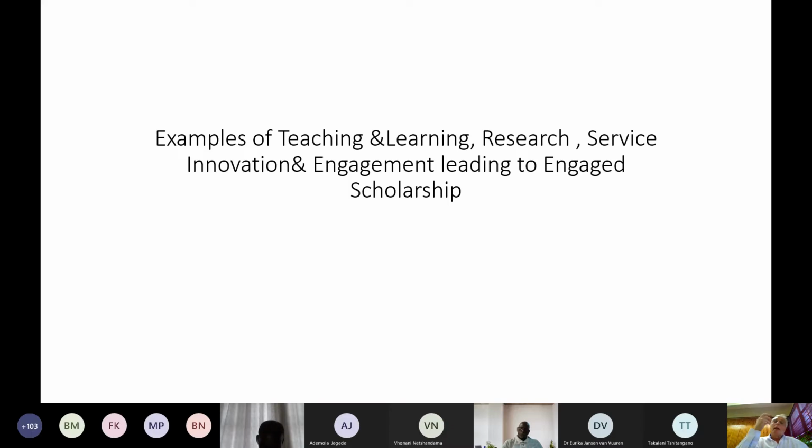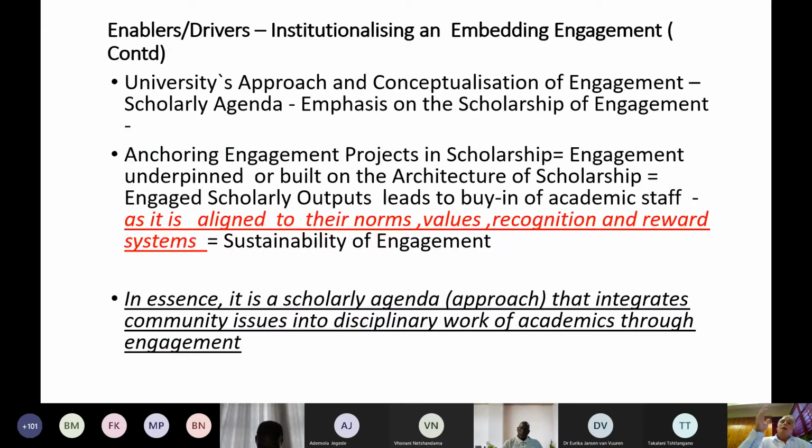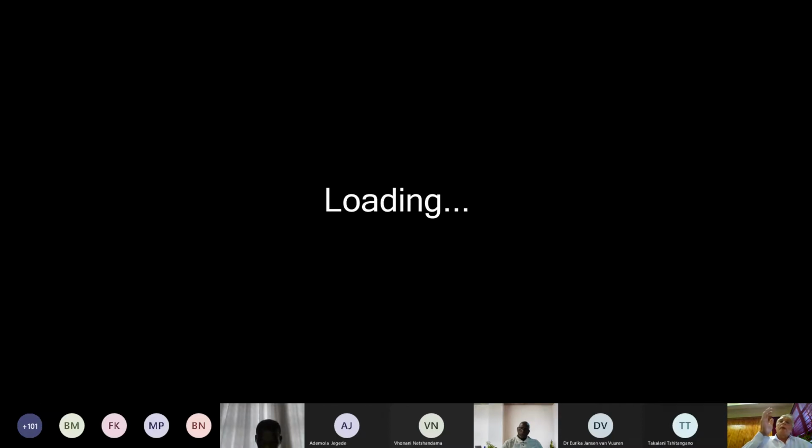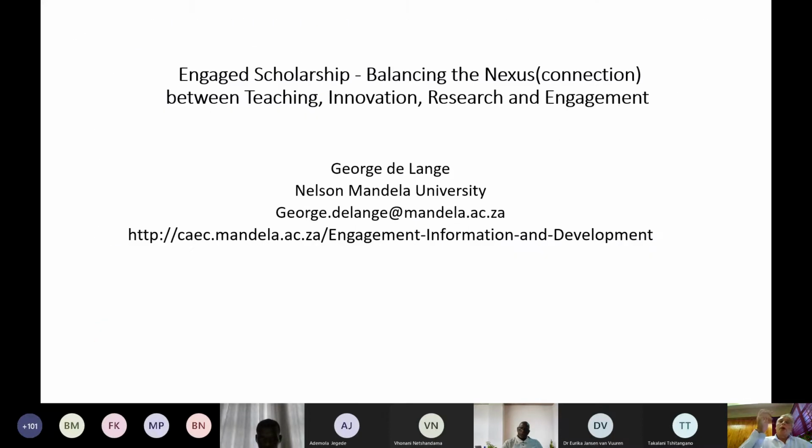Here we are. Right, the next project that I'd like to mention as well, where they've actually combined innovation, teaching and learning, research, and professional discipline-based service provision, is where architecture academics have moved their second year teaching design subject or module off campus, where every year the second year architectural students build one structure or another for the community.